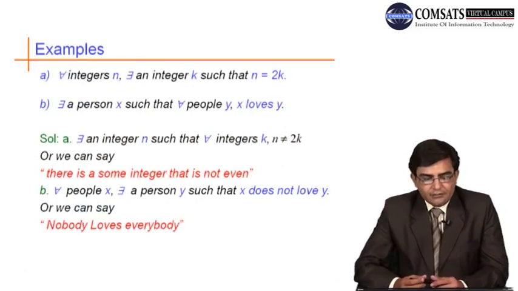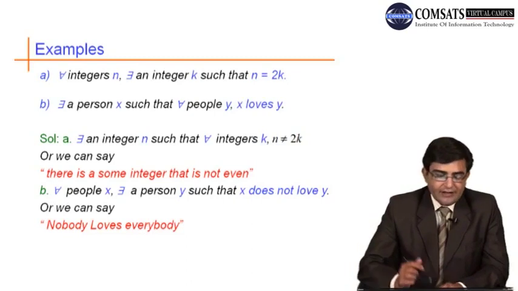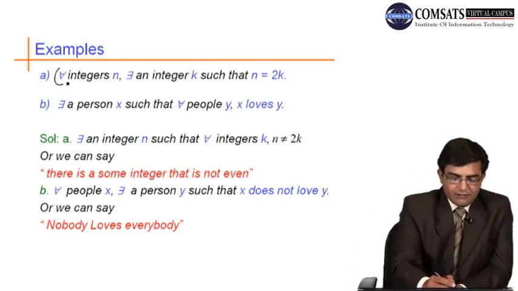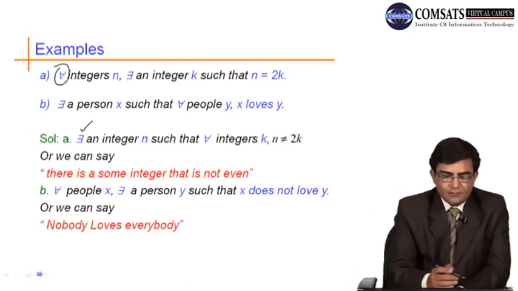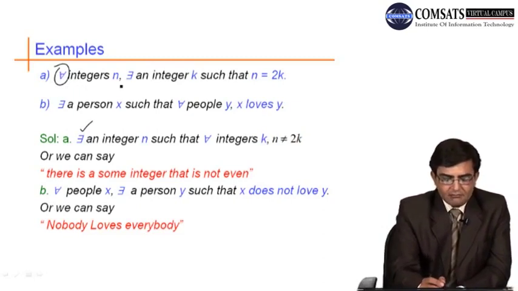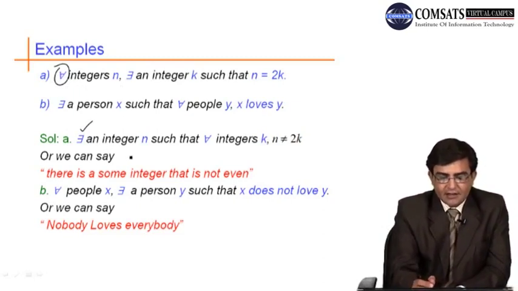For example, in part A we are given: for all integers n, there is an integer k such that n is equal to 2k. So how to negate it? This for all will be converted to there exists an integer n.